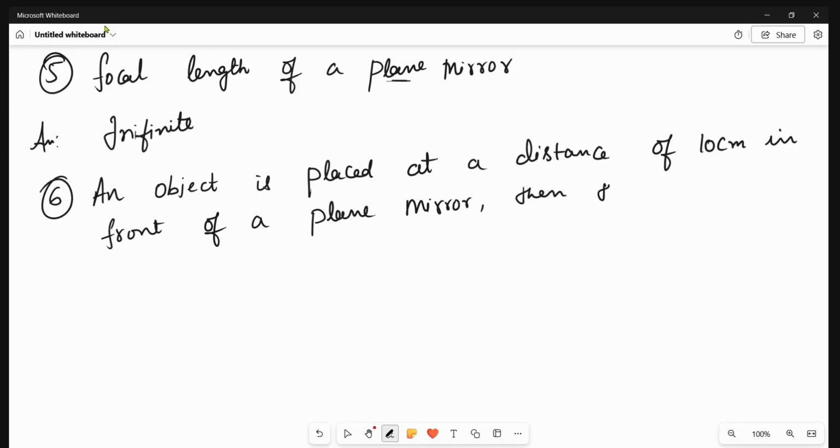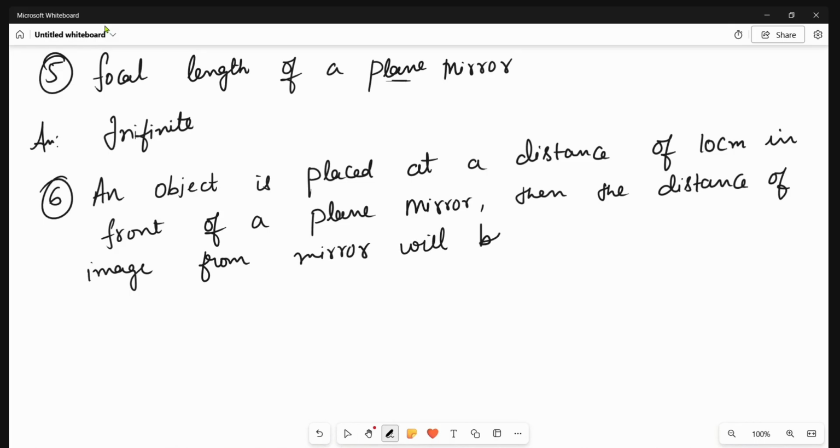Then the distance of image from mirror will be, how much it will be? Again, it's about the plane mirror. An object is at a distance of 10 centimeter in front of the mirror. So where will the image be found?